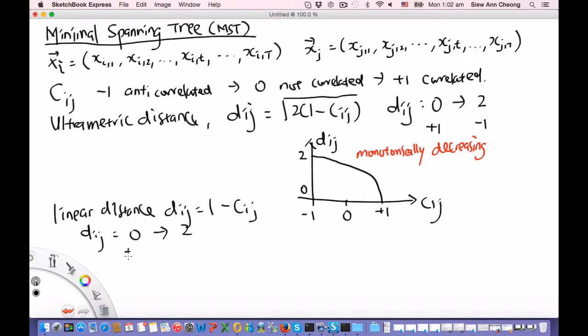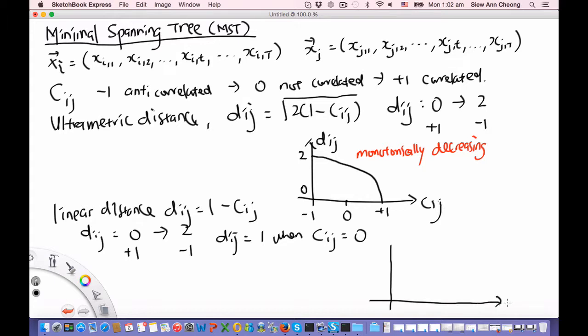It is 0 when the cross correlation is +1, and 2 when the cross correlation is -1. Same range, but Dij is equal to 1 when Cij is equal to 0. So the zero correlation partitions the distance into two equal halves.